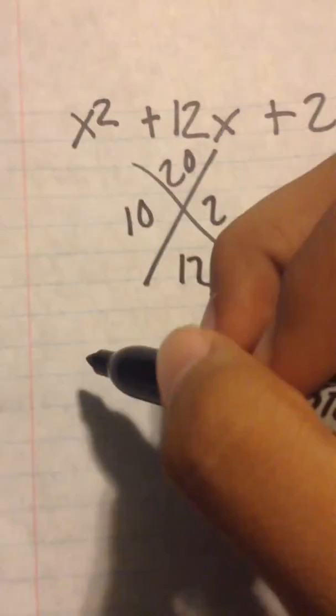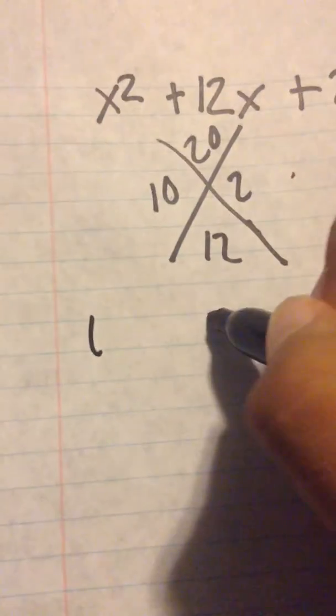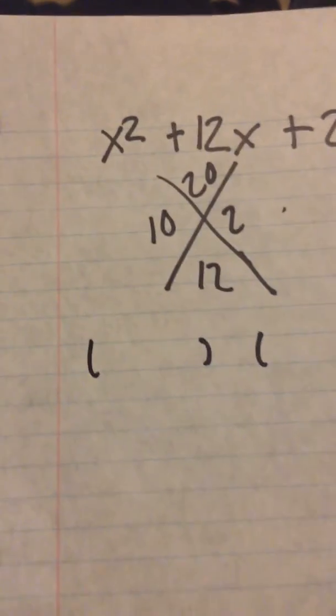Now we do our binomials. Whenever it's an easy case trinomial, x always goes at the beginning of both of these.